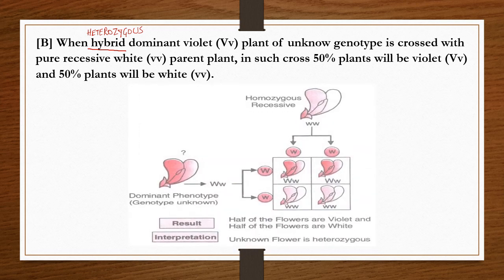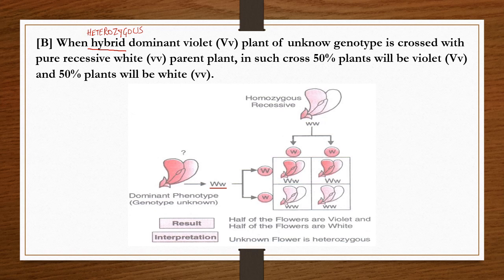So let's see that. Previously the unknown one was homozygous dominant, but here the unknown one is dominant but hybrid. That means heterozygous, so this is capital W, small w, or capital V, small v.